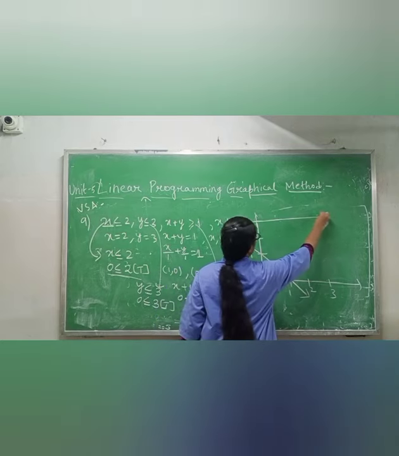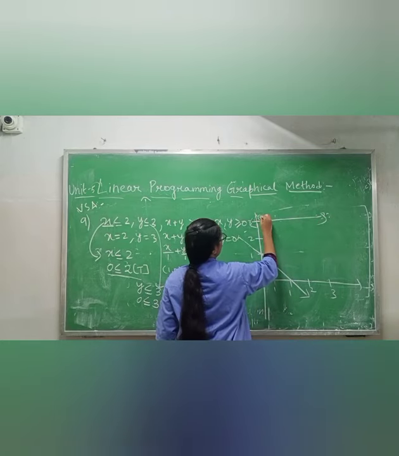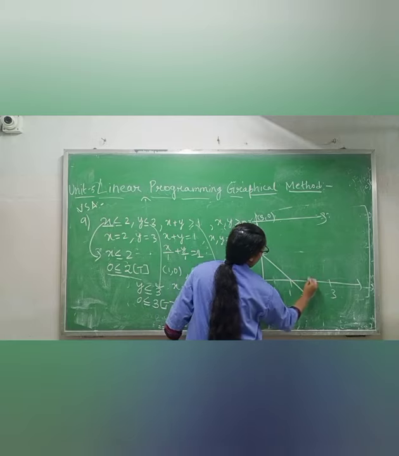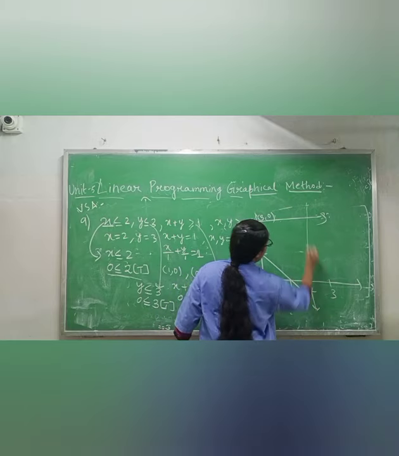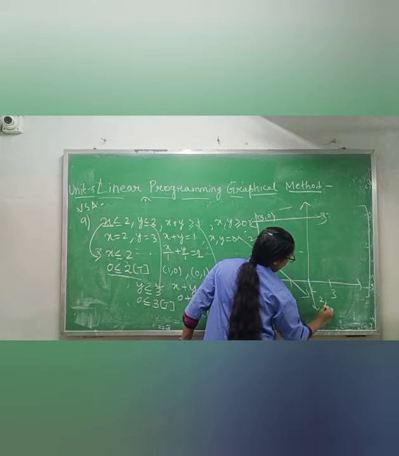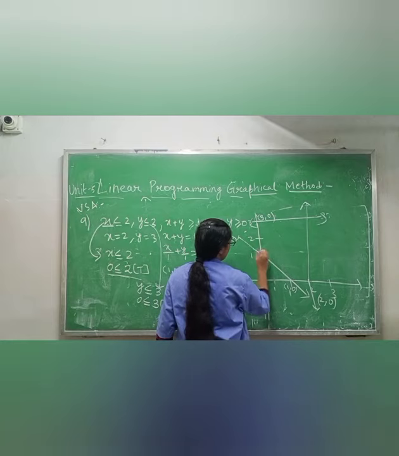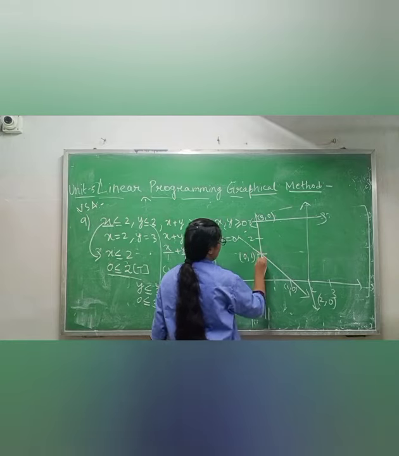This one is our 0, 3, and this one is our 2, 0, and this one is 1, 0. This one is 0, 1.